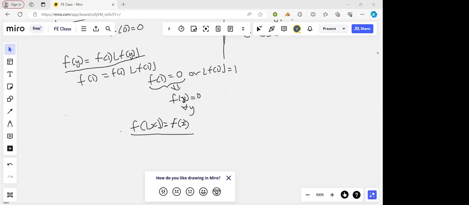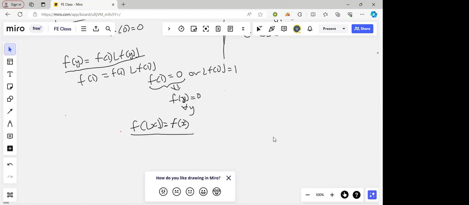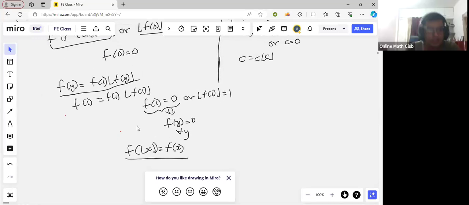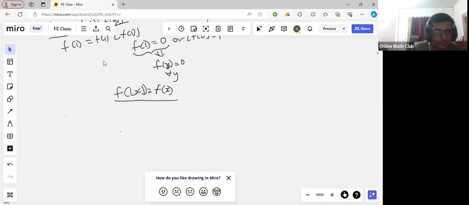Is f of 0 taken as 0 in this case, or is it some other value? We have shown that f of 0 is 0 in this case. Then I guess we can take some real number from 0 to 1. We'll try to make this expression 0 this time.